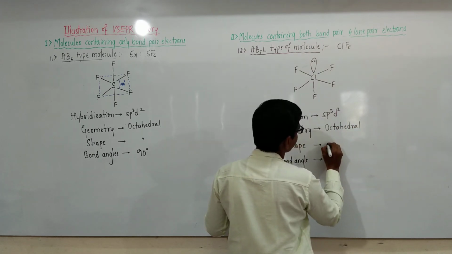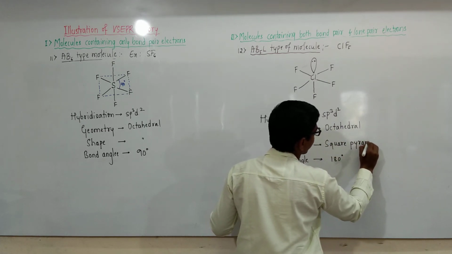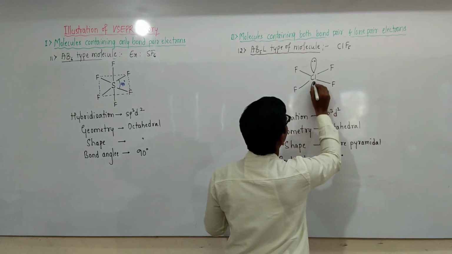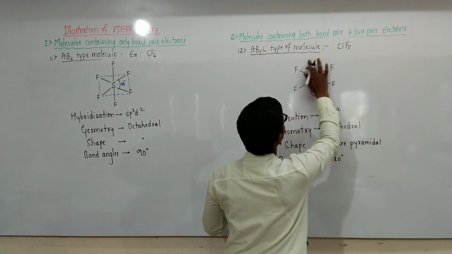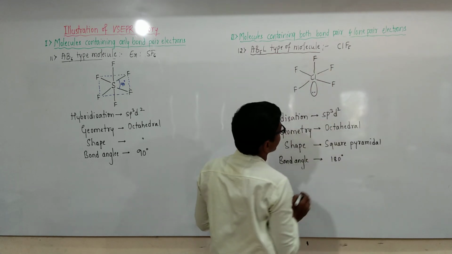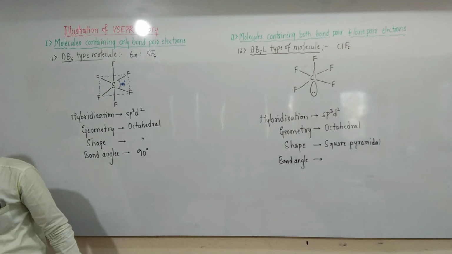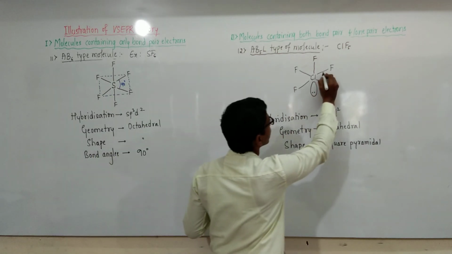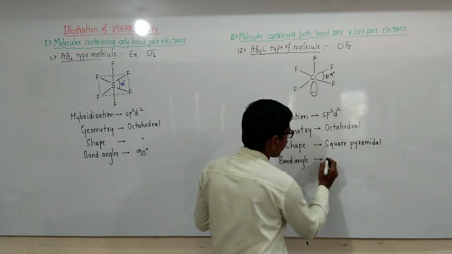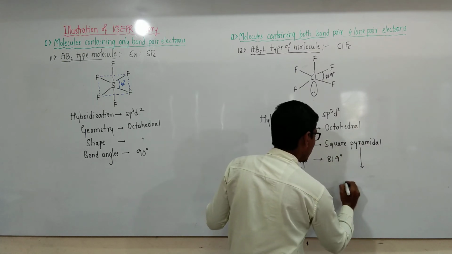Shape is square pyramidal. The bond angle reduces to 81.9 degree because of the lone pair.